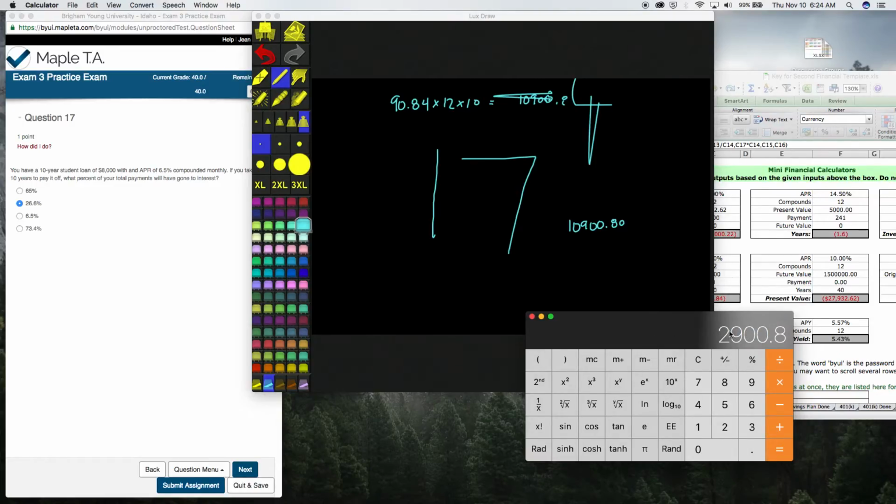That's going to be your total interest that you paid. They want to know the percentage that went to interest, so you're going to divide that by 8,000. Oh, I did that wrong. Sorry, let me go back.